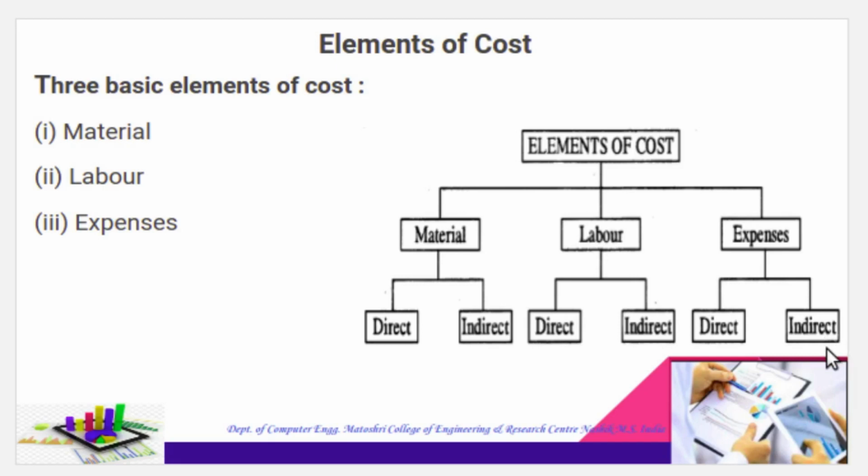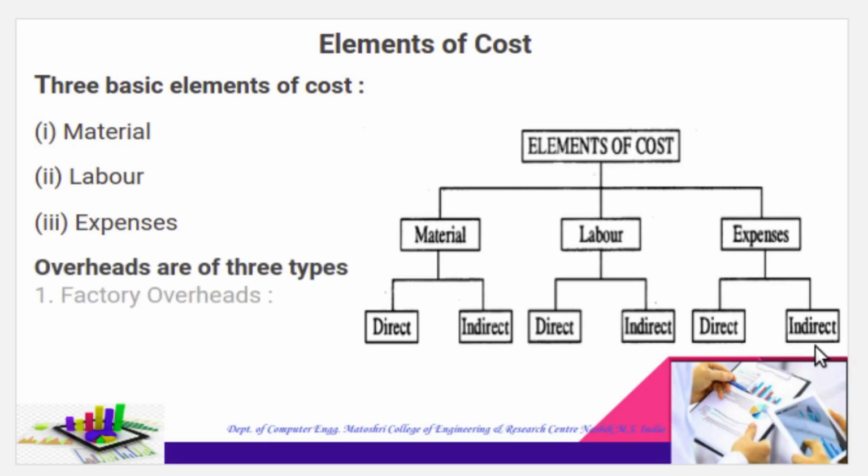Indirect expenses are also known as overheads. The overheads are of three types. The first one is the factory overhead or manufacturing overhead, such as materials like oil, consumables, and the salary of the storekeeper, which are examples of manufacturing overheads.